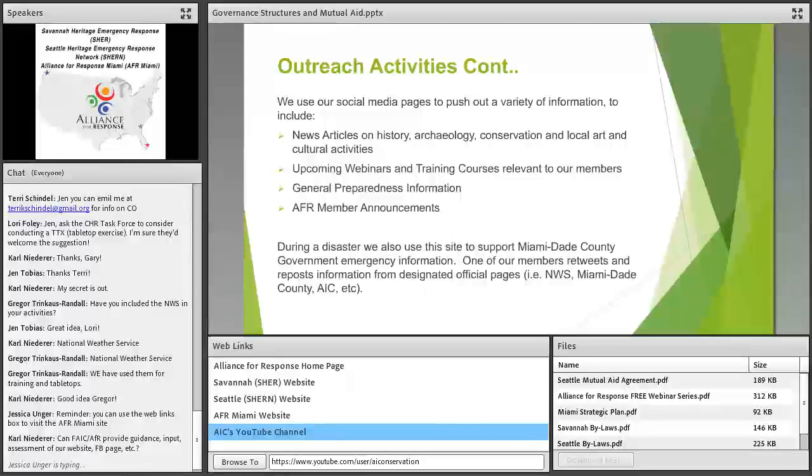So we designate the different sites that this person will pull information from, and they're essentially reposting and resharing this information. For Facebook, we tell them to go to these particular websites, and it usually includes Miami-Dade County government's website, National Weather Service Miami, Miami-Dade County Emergency Management, and a couple other select Facebook pages.